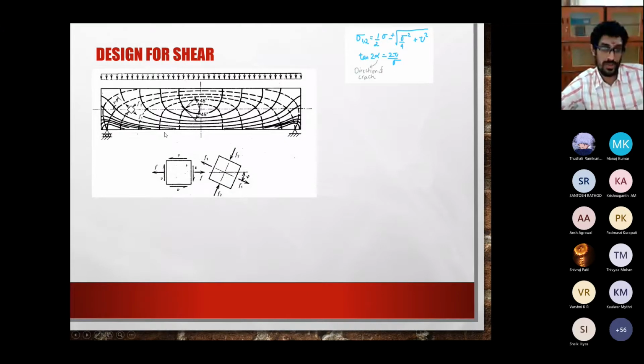So what we have over here is, whenever you have a system of bending and shear, you have a system of normal stresses and shear stresses. For example, any point or any particular patch that you take on this beam will have longitudinal stresses because of bending.